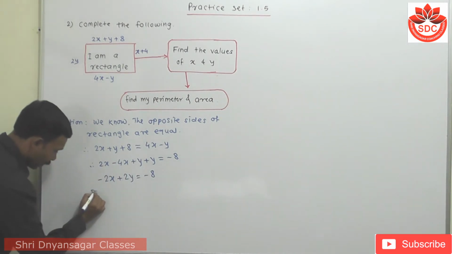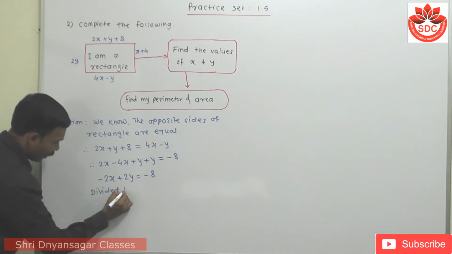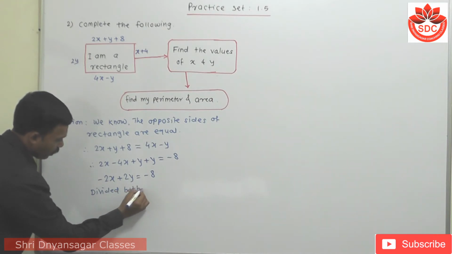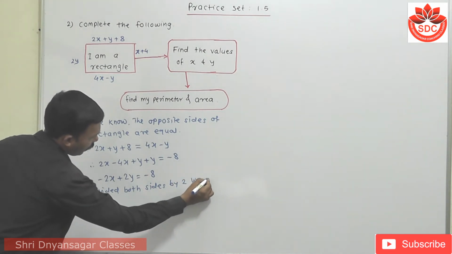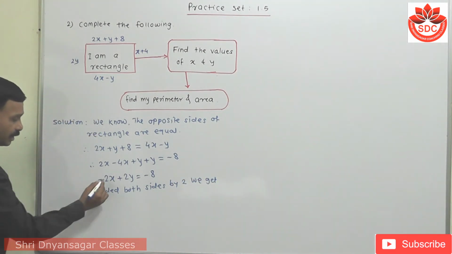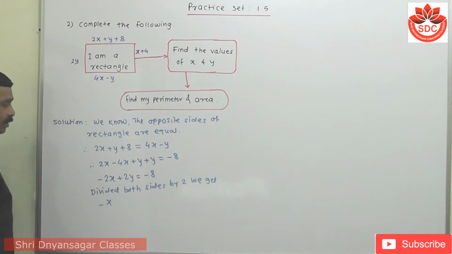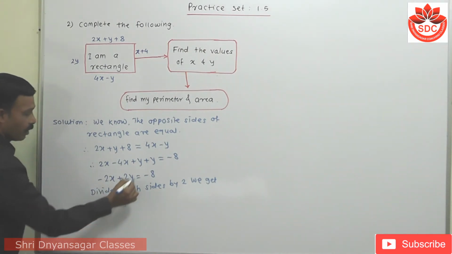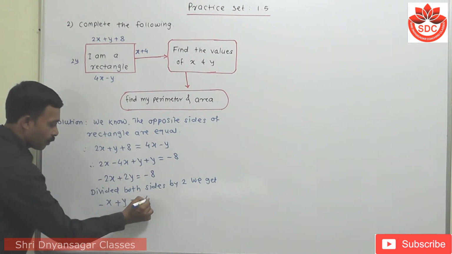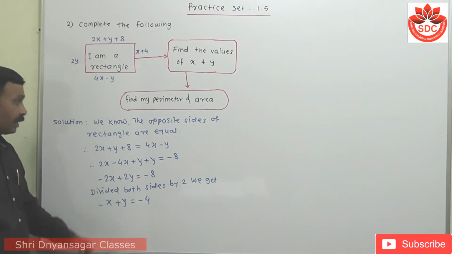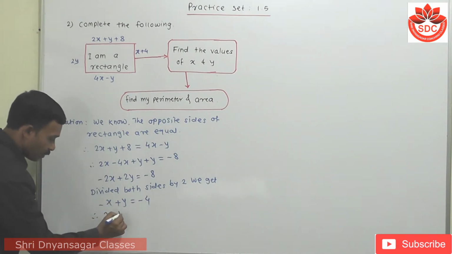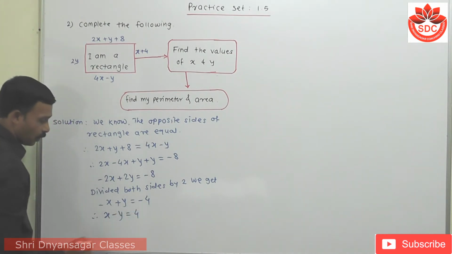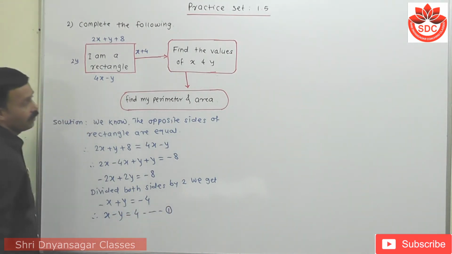So dividing both sides by 2 we get minus x plus y is equal to minus 4. Then I have to change the signs. Therefore, when the sign changes, we write here x minus y is equal to 4, which is our equation number first.